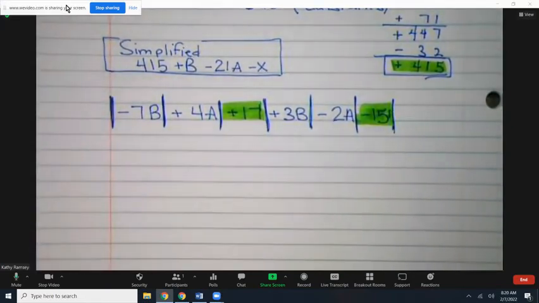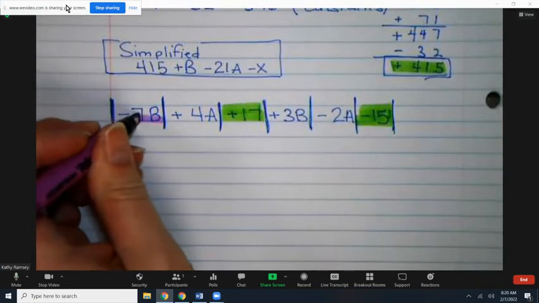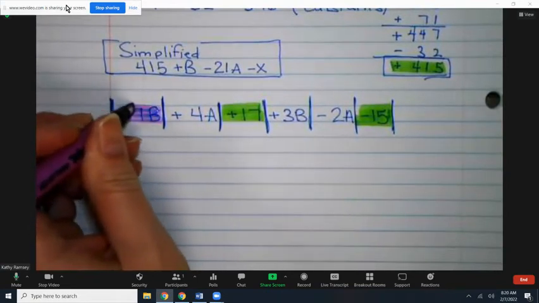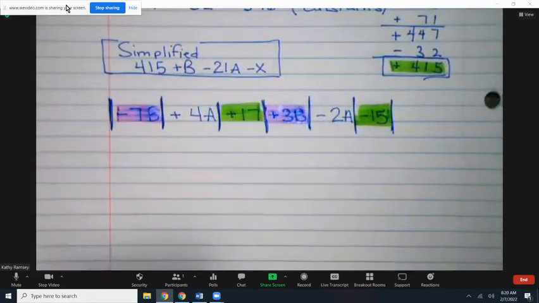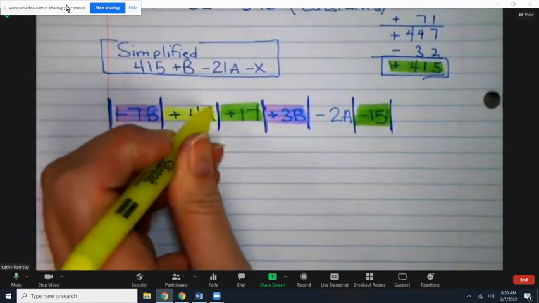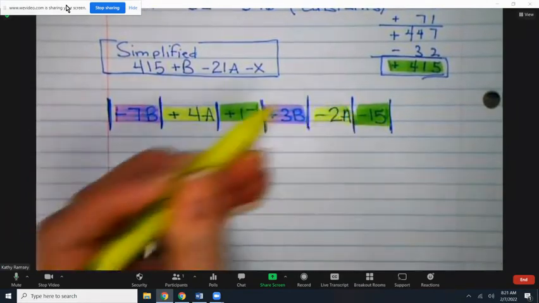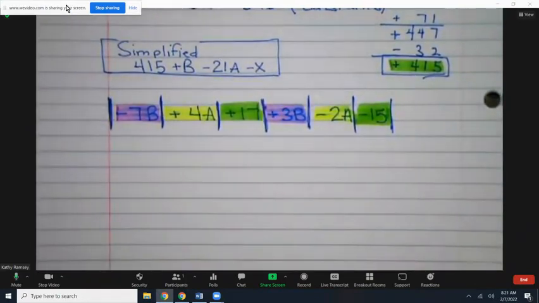Okay, now I want you to grab another color and go through and highlight anything with a b constant or b variable. So my highlighter's sketchy, causing some troubles there. And then with a third color, I want you to go in and highlight anything with an A.